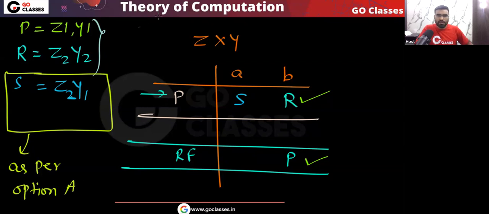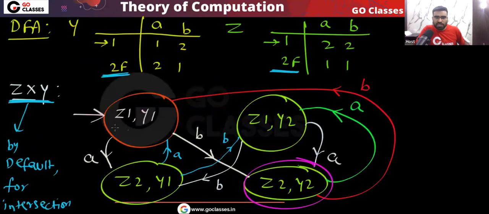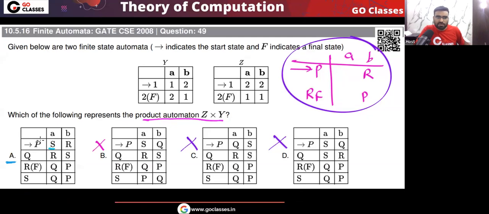A student is asking, how can I say P is Z1 Y1? Because Z1 Y1 is the initial state. In all the options, P is the initial state. So P is Z1 Y1.